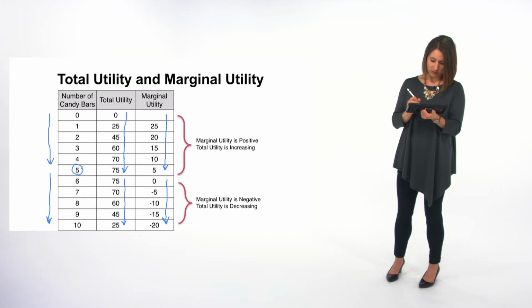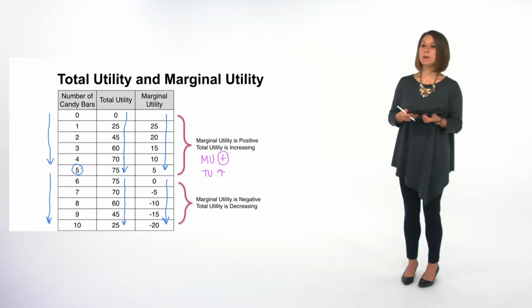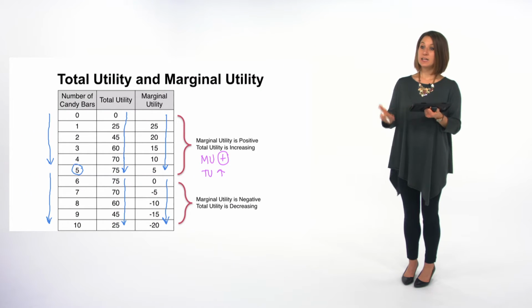So what can we observe here? Well, what we see is that marginal utility is going to be positive when total utility is increasing. This is telling us that we see a positive gain in utility when the total amount of utility that we have is increasing.